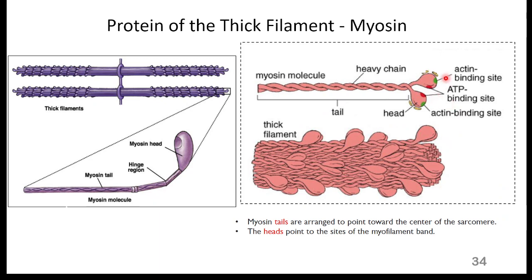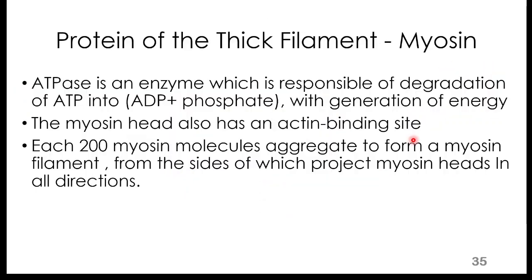All right, so this is shown more here: ATP binding sites, actin binding sites, and so on. All right, so ATPase, adenosine triphosphatase, is the enzyme which degrades ATP into ADP plus phosphate with the generation of energy. All right, and it's that energy that powers muscular contraction.